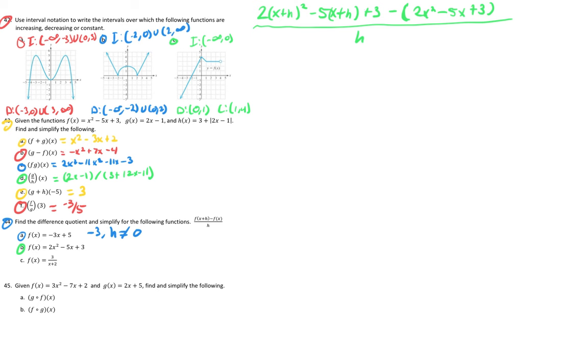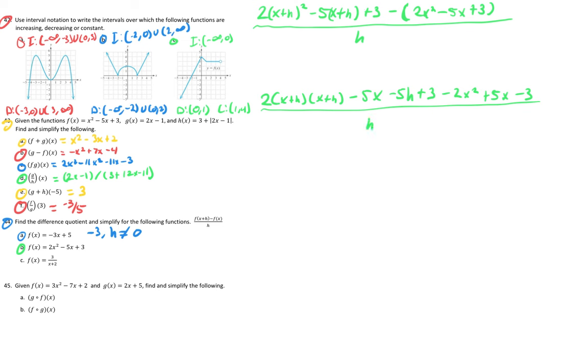So I'll do this piece by piece. This is actually 2(x plus h)(x plus h). We can distribute that -5 to the x minus 5h plus 3, and then we'll get minus 2x squared plus 5x minus 3, all over h.